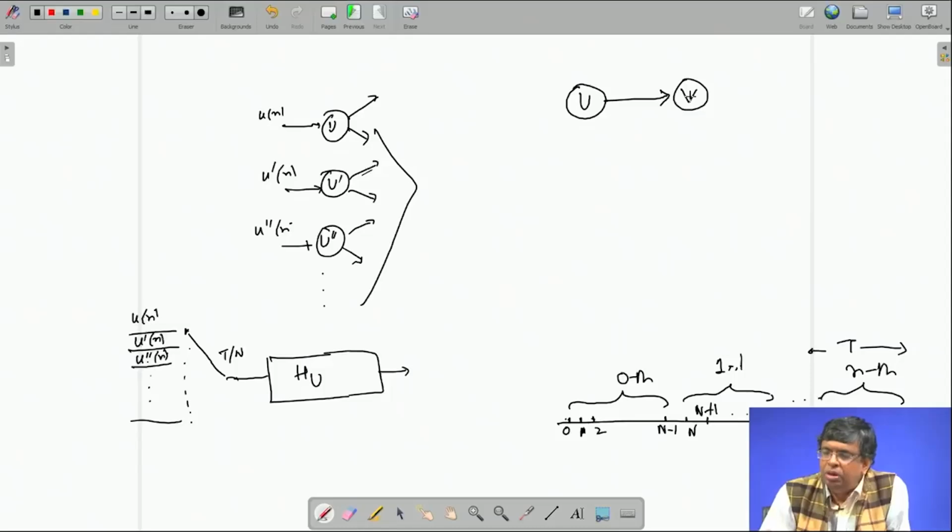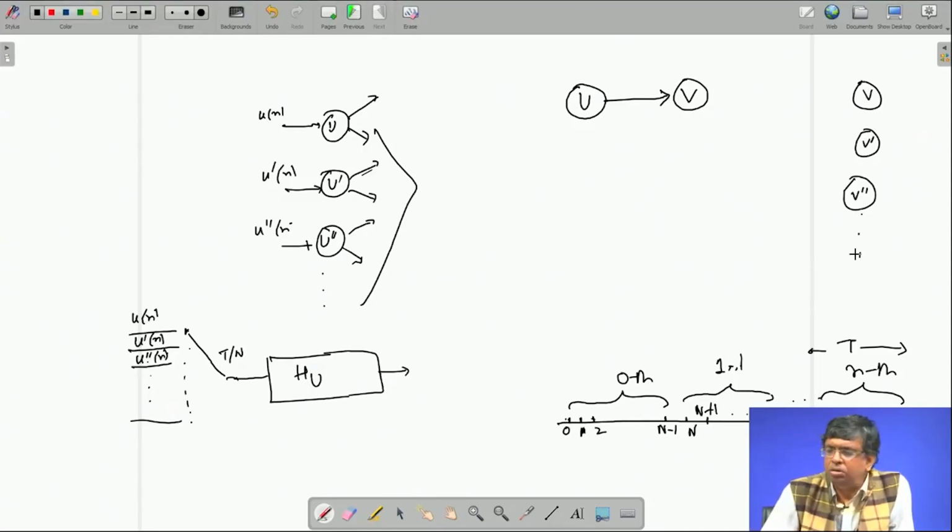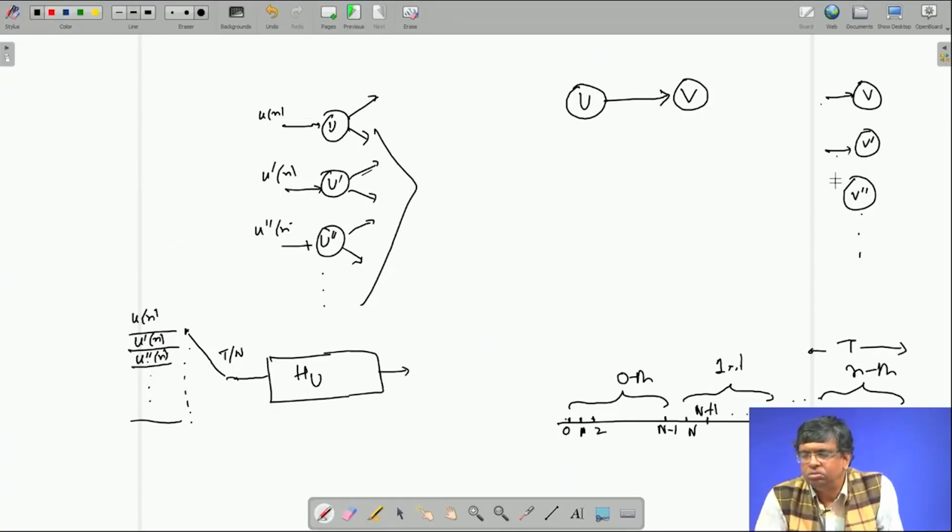So, V also has various nodes, like V, V prime, V double prime, dot. They may not be the same in number, but V also has various copies of the same hardware unit, maybe a multiplier, another multiplier, another multiplier, like that. They are all taking input from different lines, different nodes.